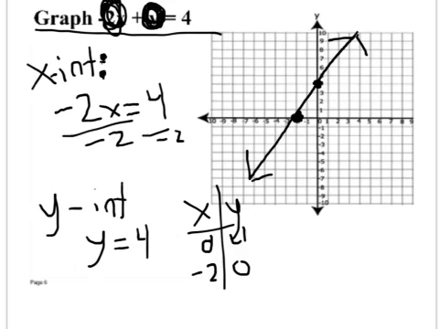So 4 plus y equals 0. So I subtract 4 from both sides, y equals 0. I could pick another point, and if I pick 2, it would be right about here. So you could do a table, put 4 ordered pairs, and then graph them that way. Or you can just find the x and y intercepts, plugging 0 in for y to find your x, plugging in 0 for x to find your y.